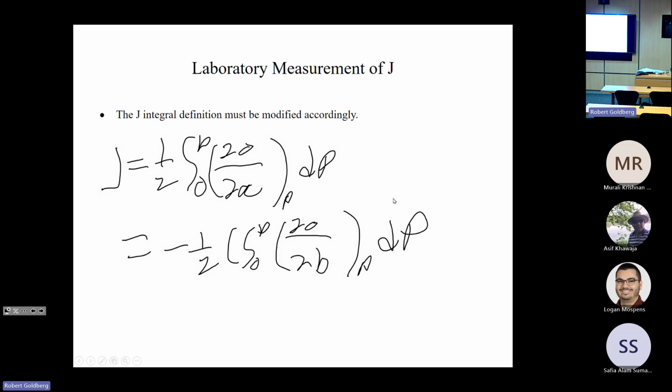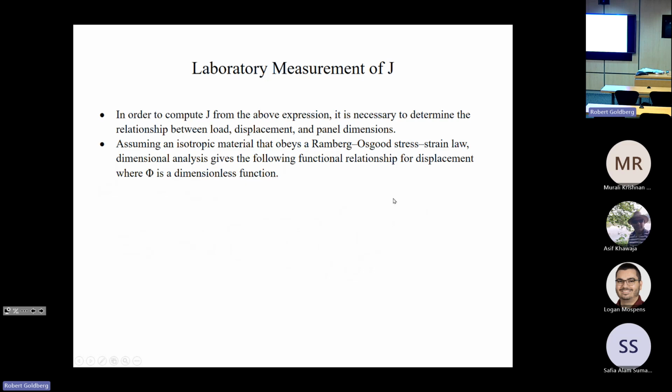And to compute J from this expression, you need to determine the relationship between load, displacement, and panel dimensions. So to compute J from here, you can assume an isotropic material that obeys the Ramberg-Osgood stress-strain law. So you can say that your displacement delta is equal to half the distance between the cracks multiplied by some dimensionless function.